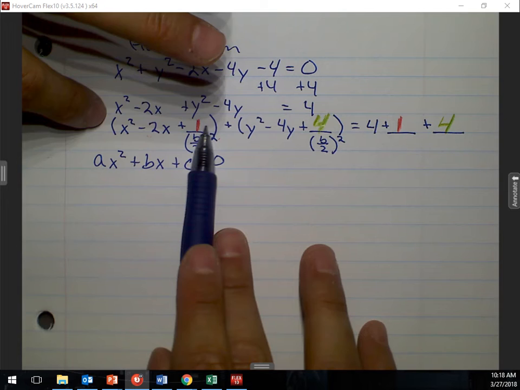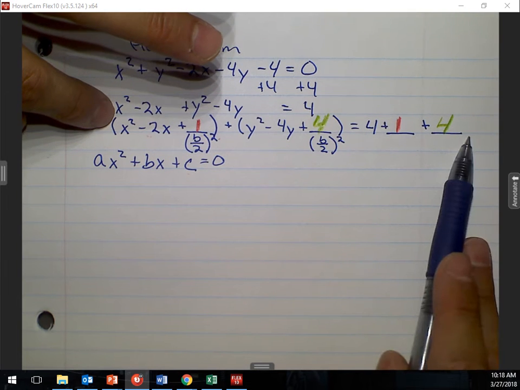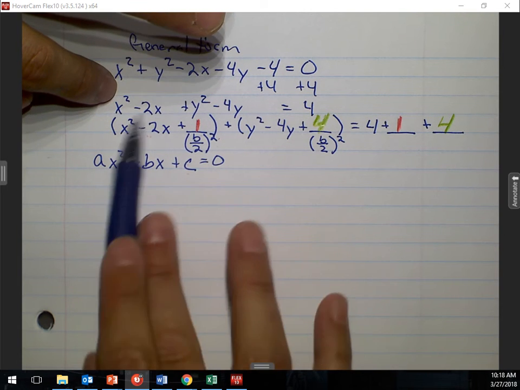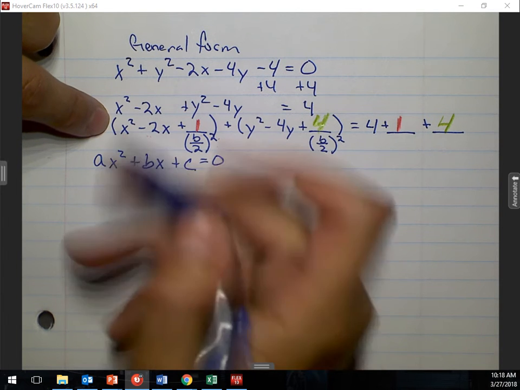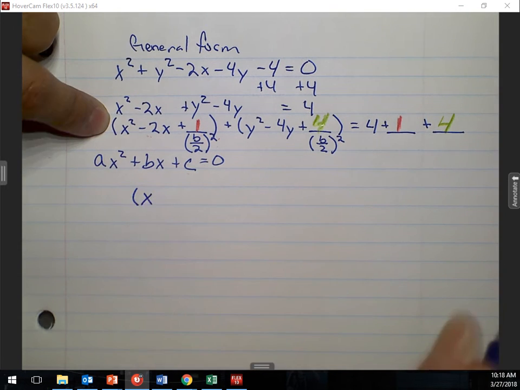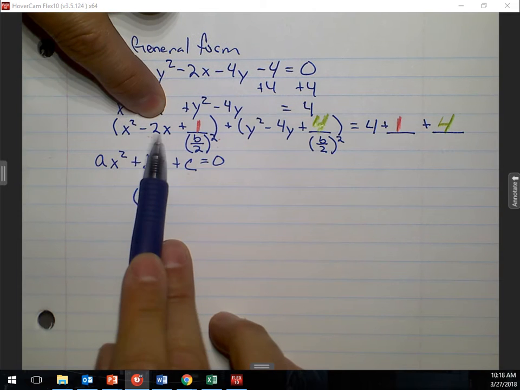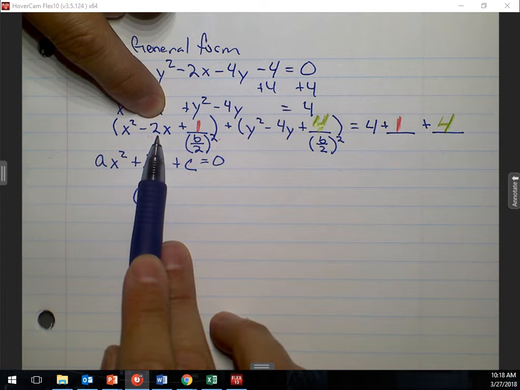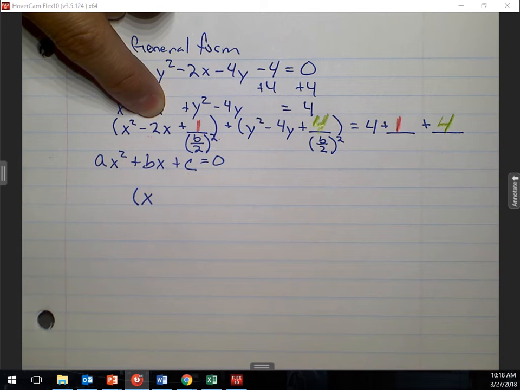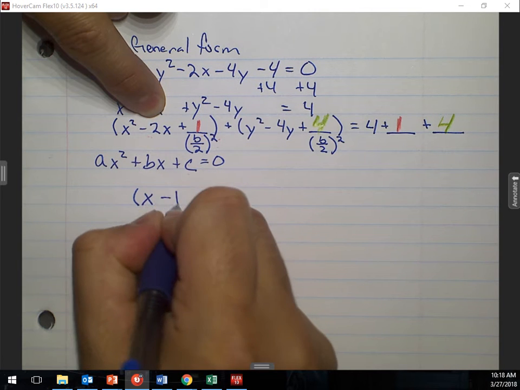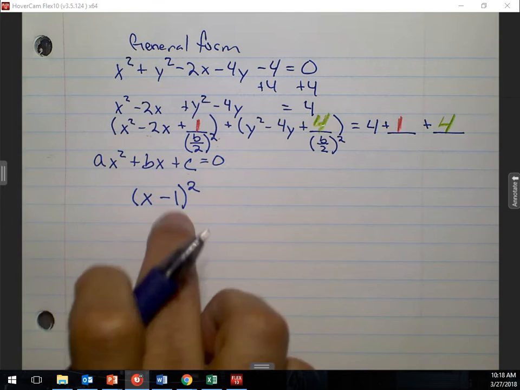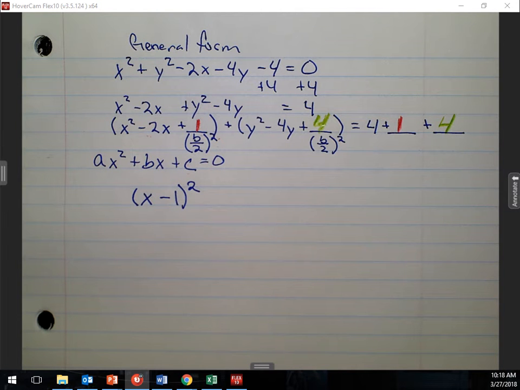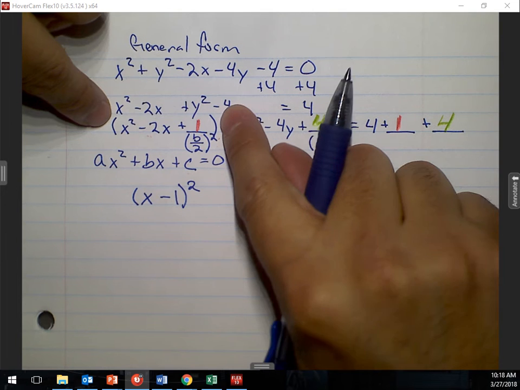Because I did this, and I added it over here already, this is going to turn into a perfect square. So this right here turns into x, and I said take this and divide it by 2. What do we get? This right here divided by 2: -1 squared. And I'm going to prove this in a moment. So that's this piece right here.